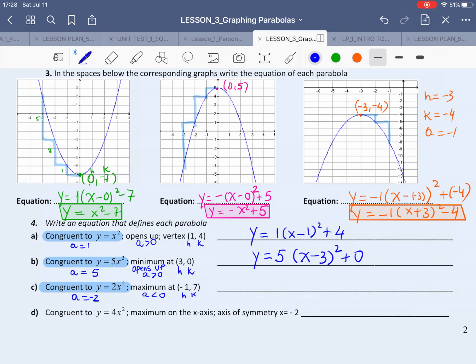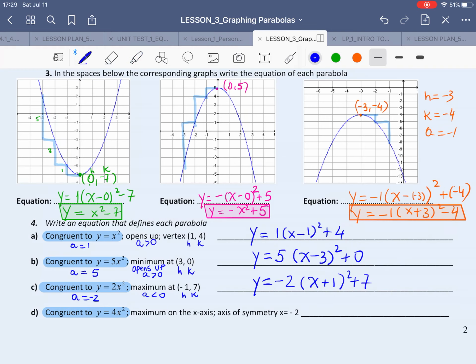Maximum is at -1, 7, so we have h and k given. So the equation will be y equals -2, x minus -1, which makes it plus 1, and then squared plus 7.